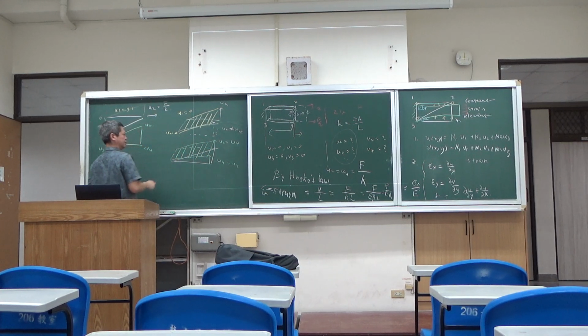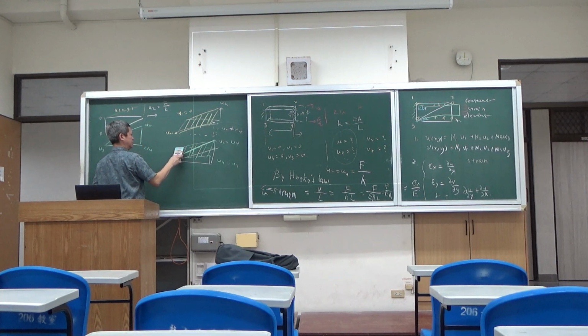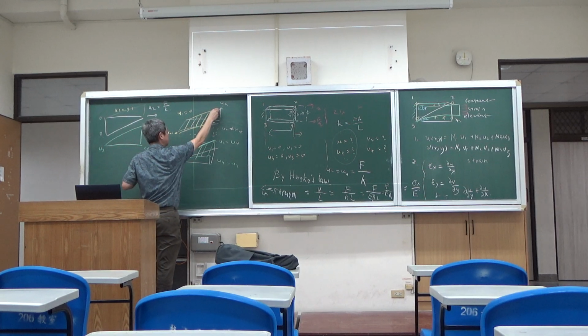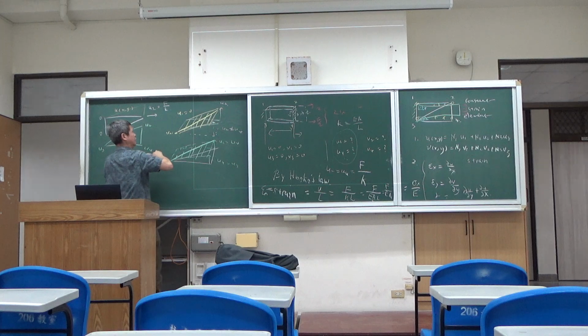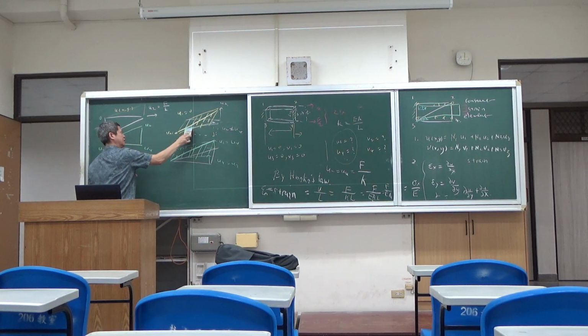But you cut it, this is a triangle. So you're going to have another part. Likewise, you do it to be half. Then the slope is going to be something like this.